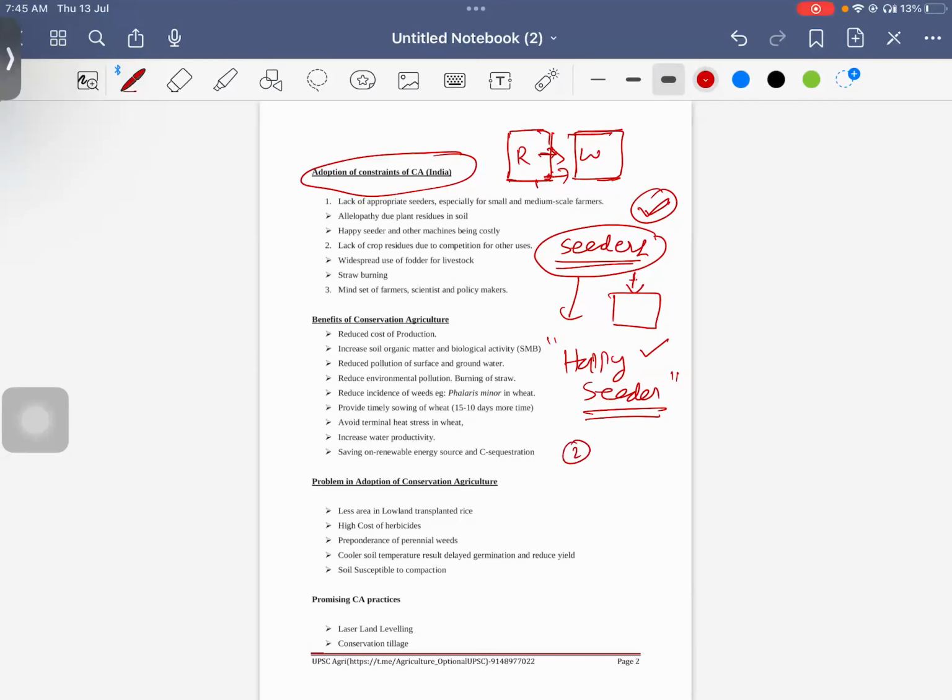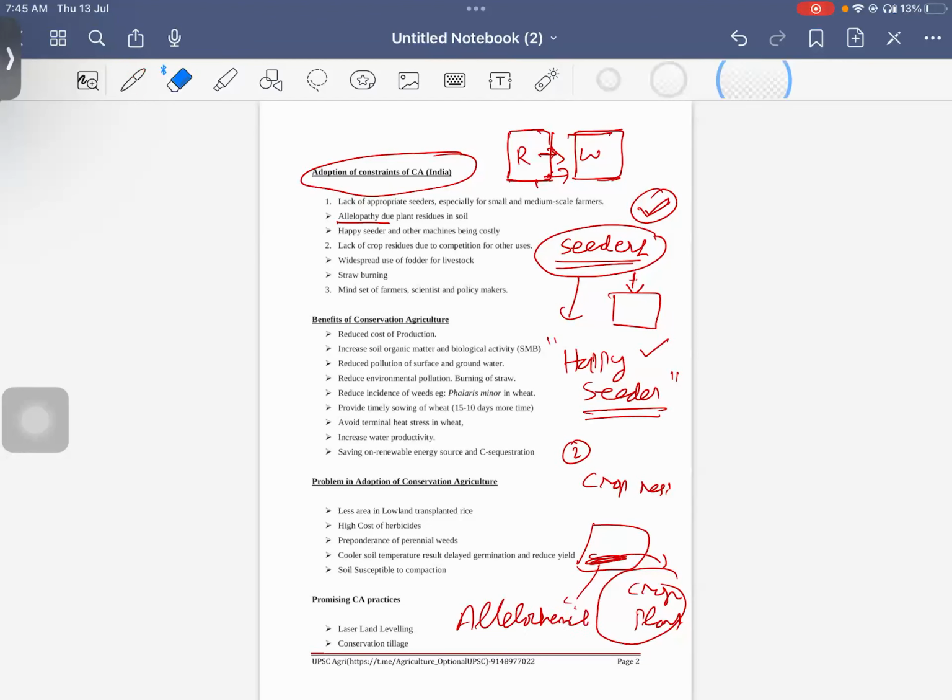Second is allelopathy. What happens is when you have crop residues in the field, these residues can act on the cropland, or may interfere with the cropland by secreting allelochemicals.